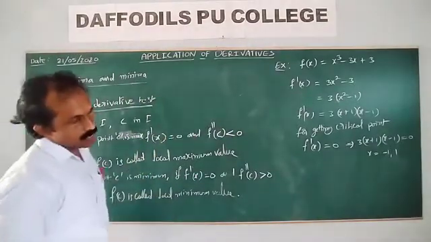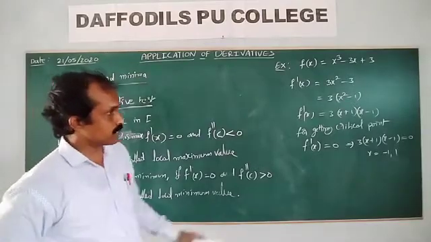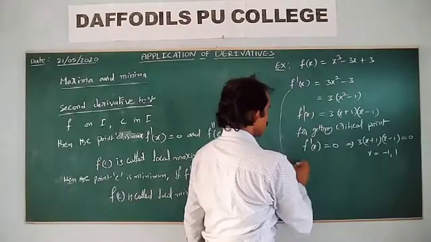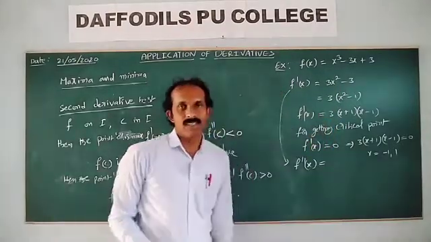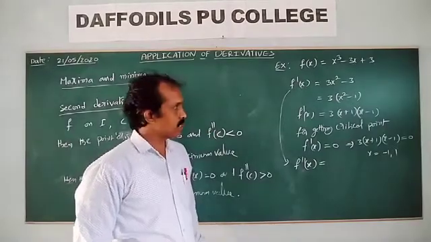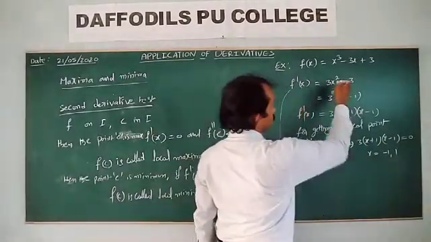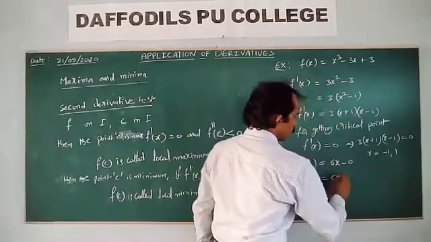Okay, what are the critical points? -1 comma 1. Right. Now we take f double dash x. What is f double dash x? It is 6x.